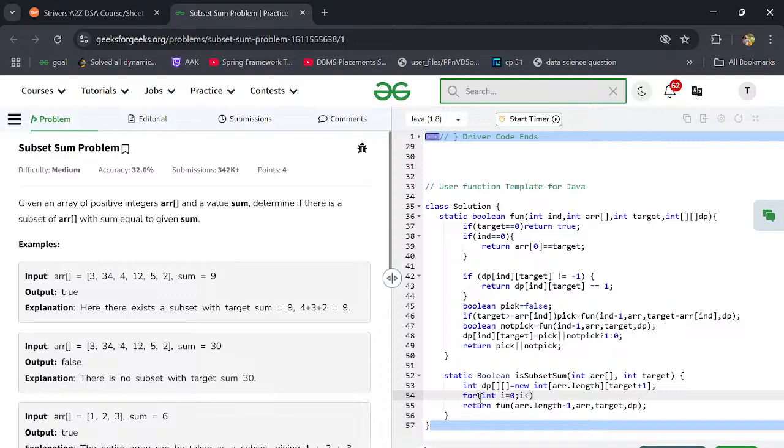Writing like this means I'm not good at tabulation, but let's try. It's better to take a boolean array or something like that in this case.